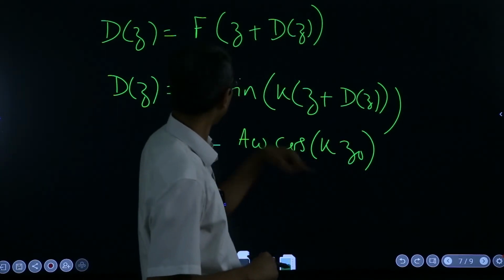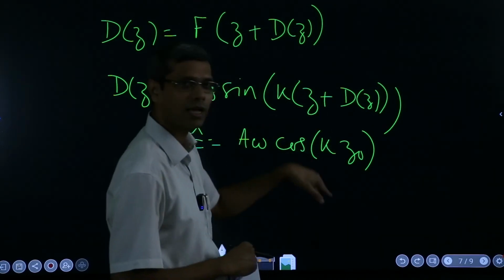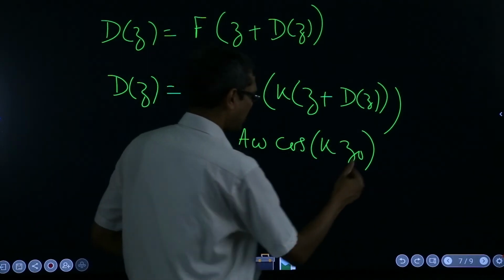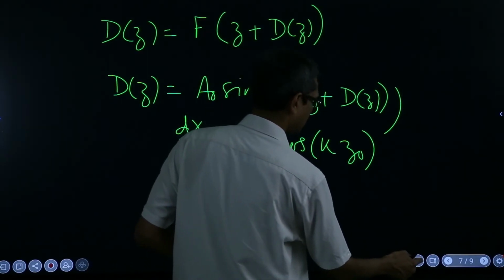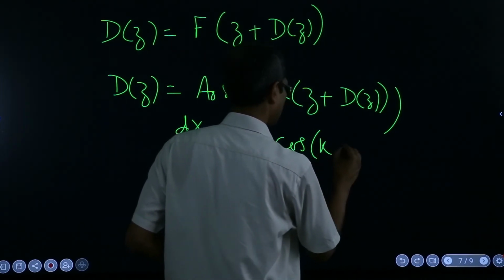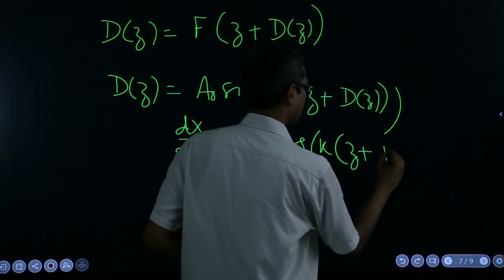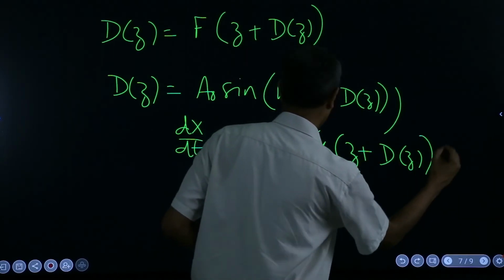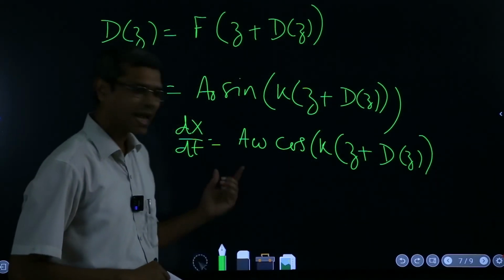Now, this z naught you can substitute with this. In place of z naught, you just write k times z plus dz. That will be the velocity.